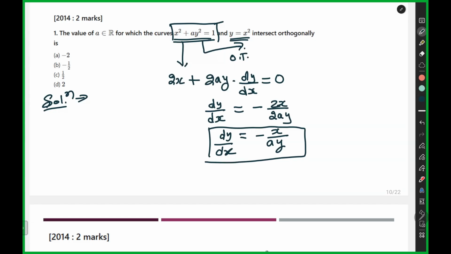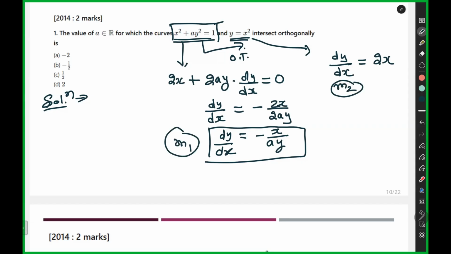And for the other curve you have to replace dy by dx as minus dx by dy, and you find the slope. So this is dy by dx is equal to 2x. This is m1. This is m2.